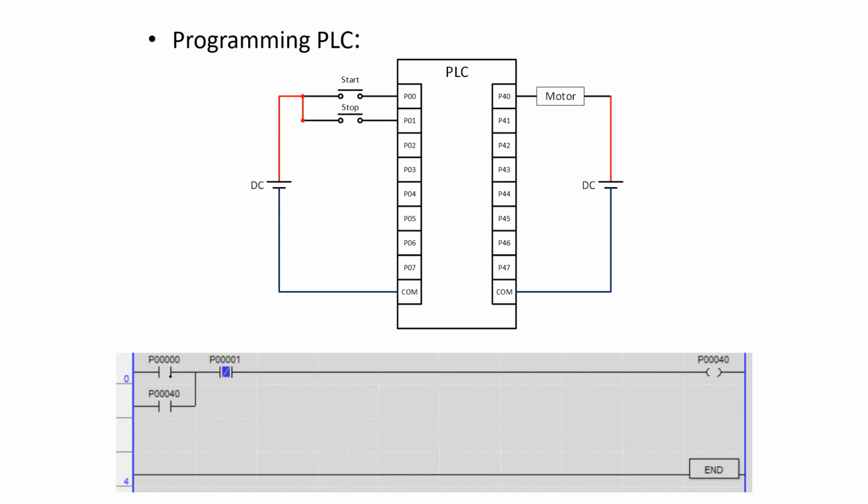Along with P00, the corresponding contact will remain open. P40, its contact will also remain open. P01, as a normally closed contact is taken, is indicating that this path is closed, which is indicated by this blue rectangle over here.